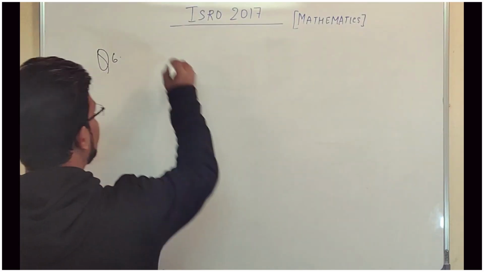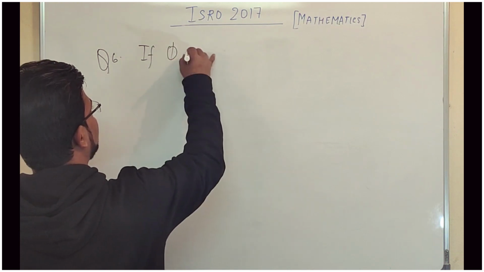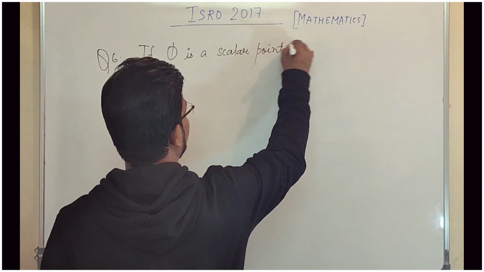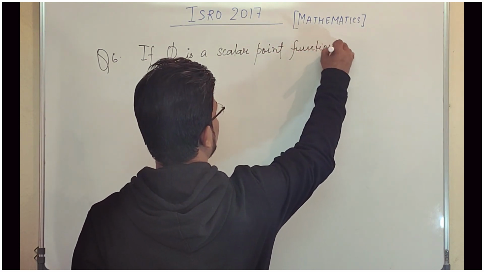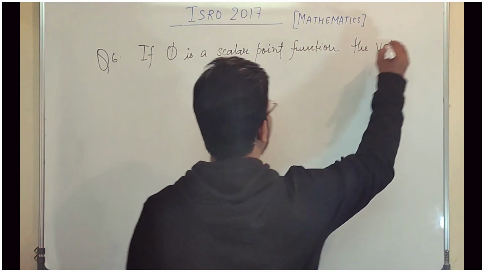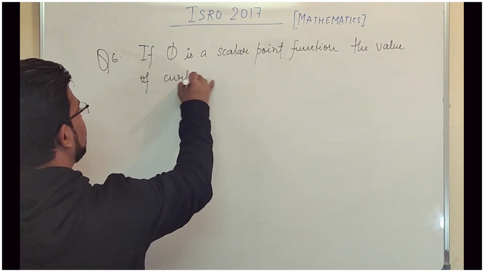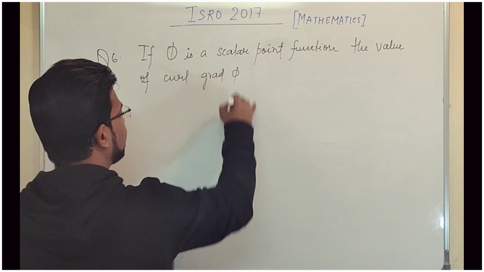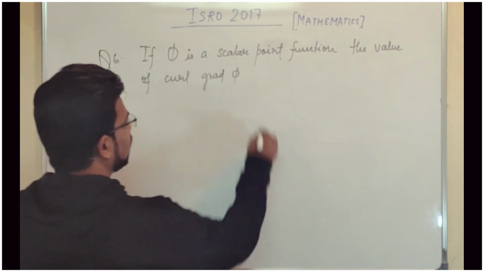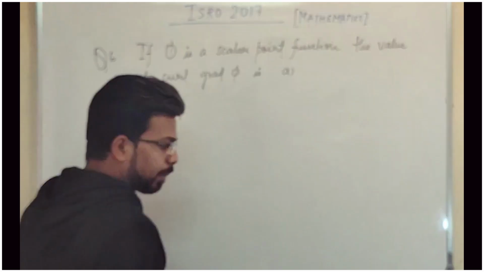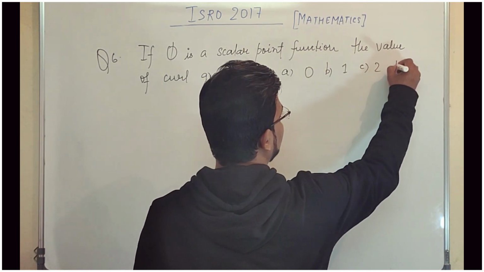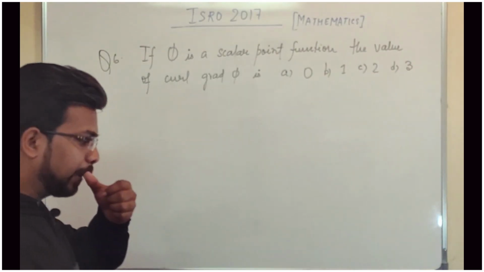Question number 6 says, if phi is a scalar point function, the value of curl grad phi is what? Option A we have 0, then we have 1, then 2, and then 3. Okay, fine.